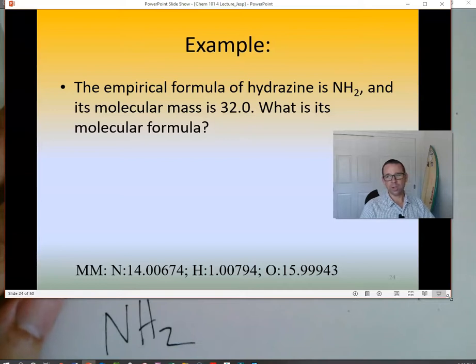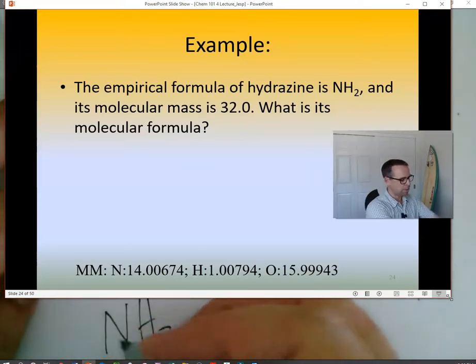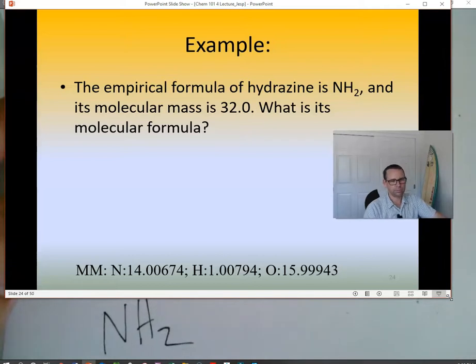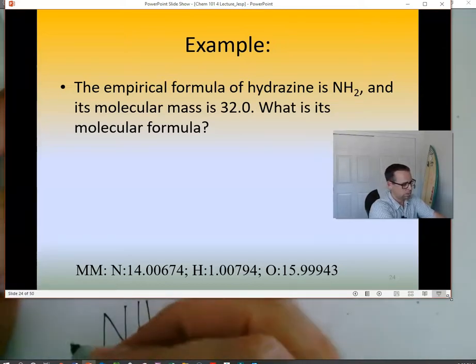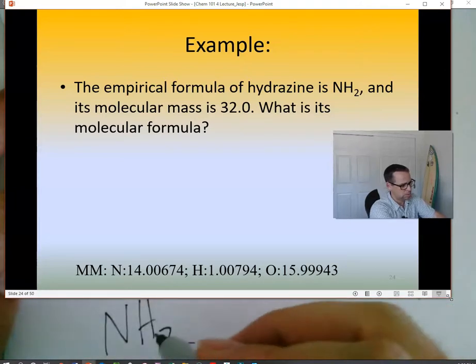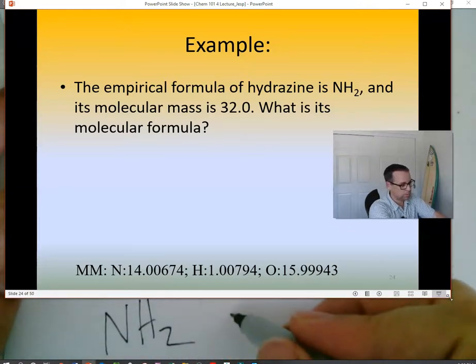Well, if we knew the empirical mass, we could compare it to the molecular mass, right? And learn the multiplier, right? But we don't have the empirical mass provided, but we do have the what? What is NH2? It would be 14 plus 2 of the hydrogen would be 2.